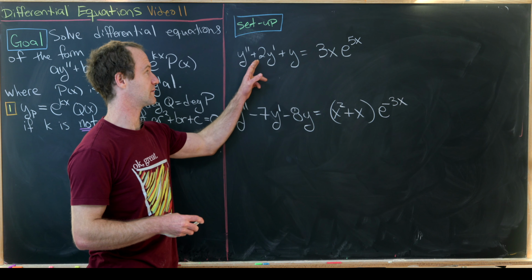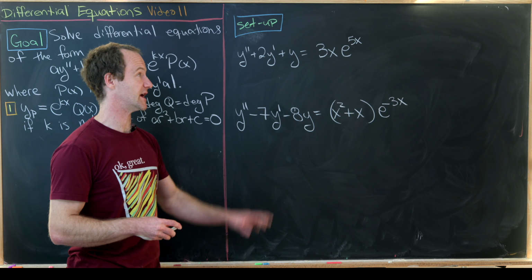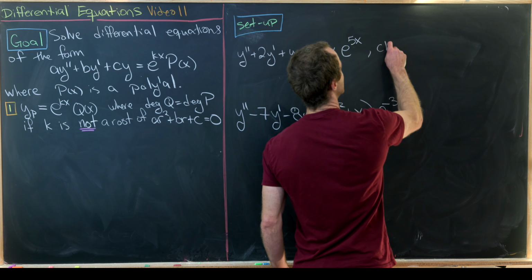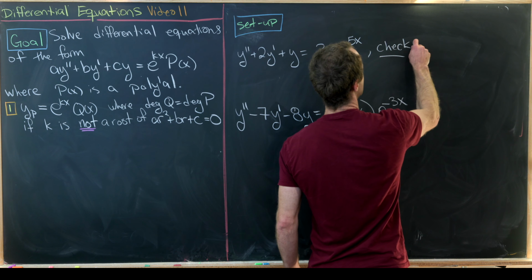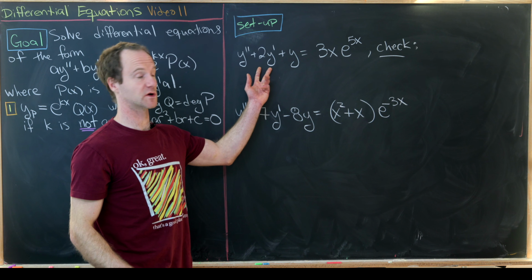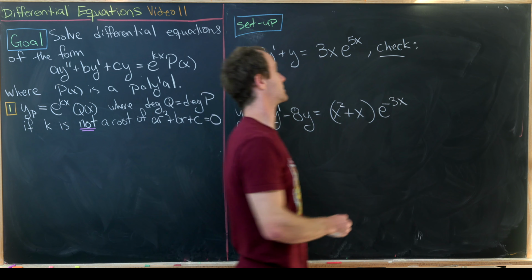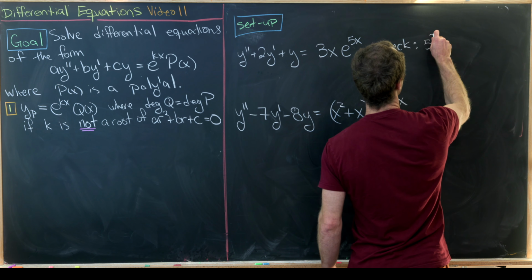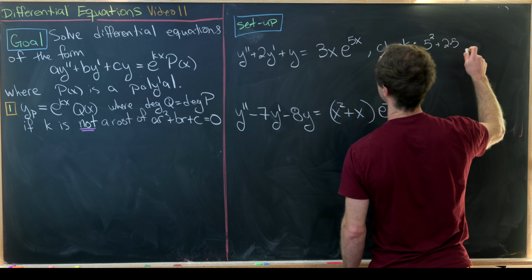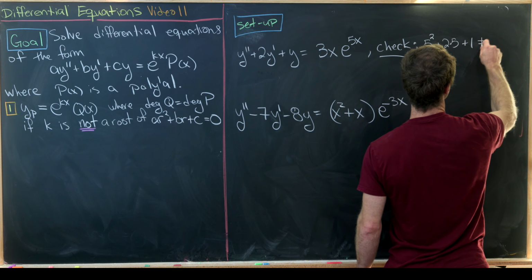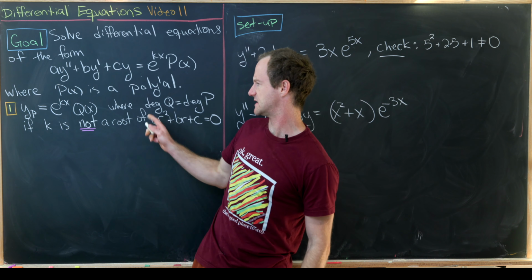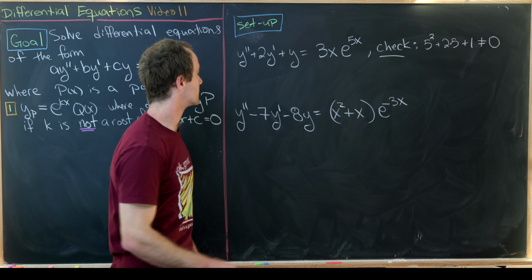We've got y double prime plus 2y prime plus y equals 3x e to the 5x. So now we first check that 5 is not a root of the polynomial corresponding to this differential equation. So that'll be 5 squared plus 2 times 5 plus 1, which is not equal to 0. So that means this setup case that we have over here is good to go.